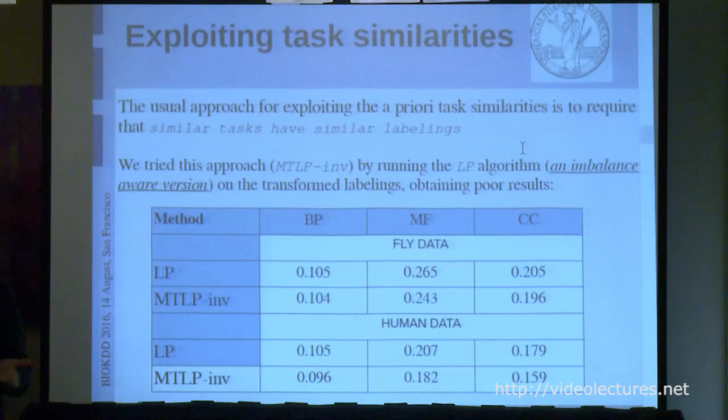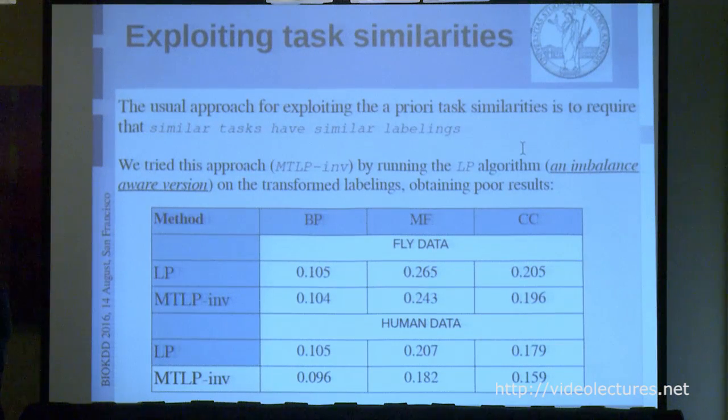It's something quite obvious. And we tried this approach in a specific problem that I will describe later, in predicting protein functions for fly and human organisms. And what we got is that this approach doesn't work in this case.